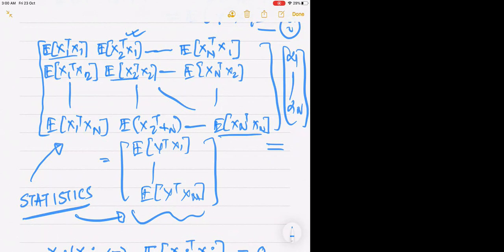These x1 transpose x1 are the so-called autocorrelation or autocovariance. They are the same here because all of them have been assumed to be zero mean. So these autocovariances are non-zero because of non-zero random variables. These non-zero autocovariances lie in the diagonal, and if these random vectors are orthogonal to each other, then it's a diagonal matrix, and one can easily invert this and obtain alpha 1 up to alpha n.